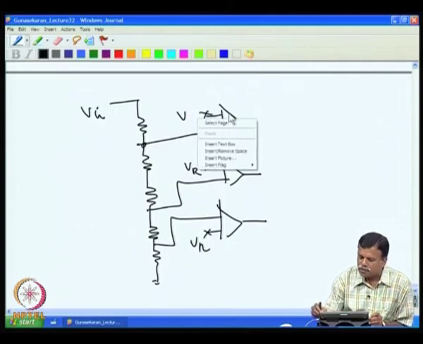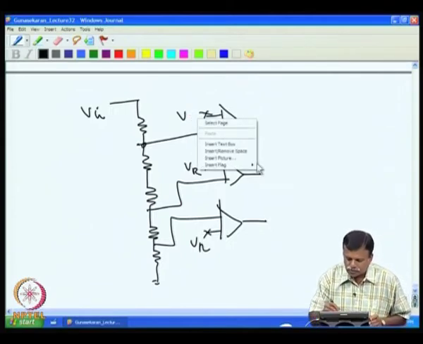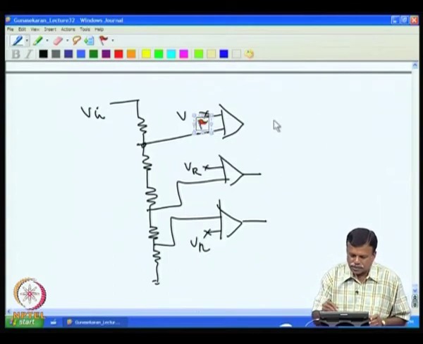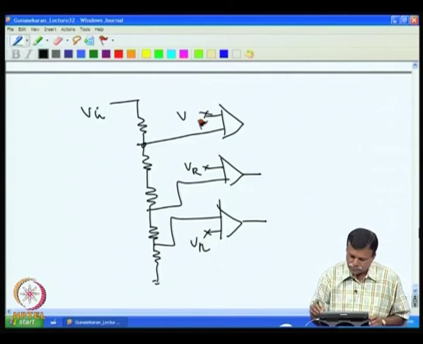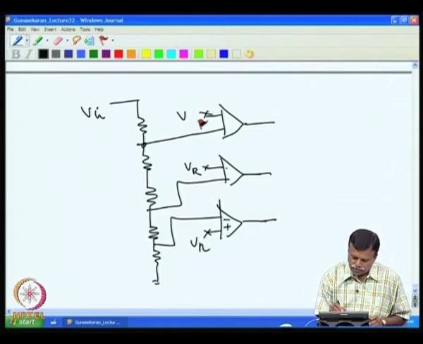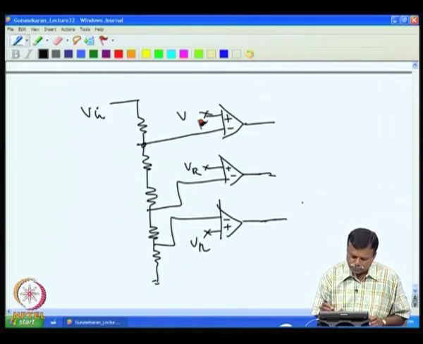If you look at the output, you have plus minus, and then the input will be minus and plus. Now, we have the output voltages, this VR.